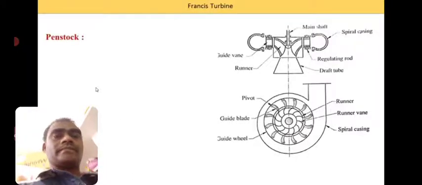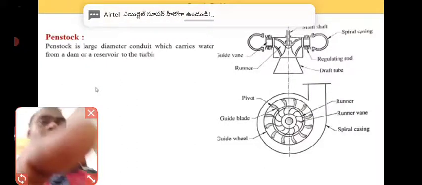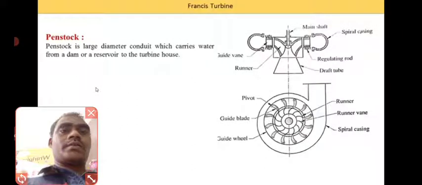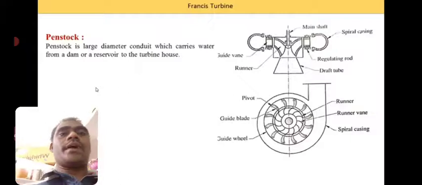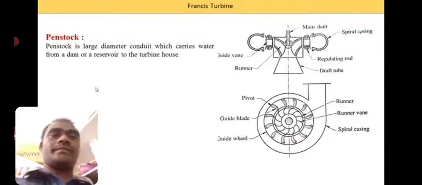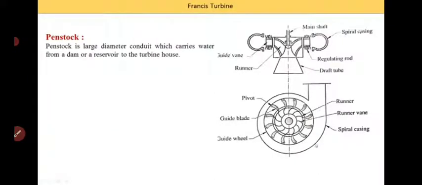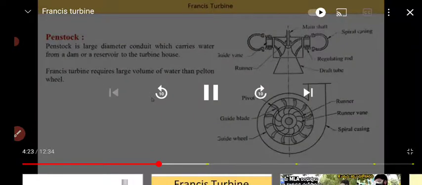First is the penstock. What is the penstock? A penstock is a large diameter conduit which carries water from a dam or a reservoir to the turbine house. It supplies the water from a dam to the turbine inlet, up to this part. Then after that, the turbine starts. Francis turbines require a larger volume of water than the Pelton wheel turbine.